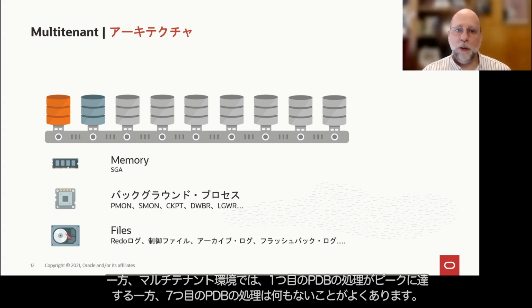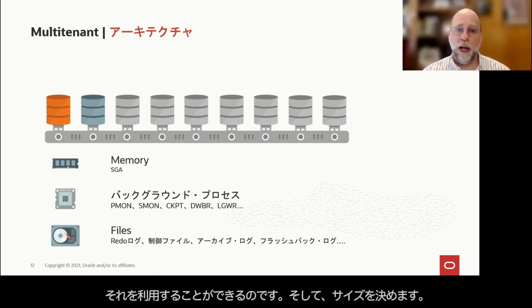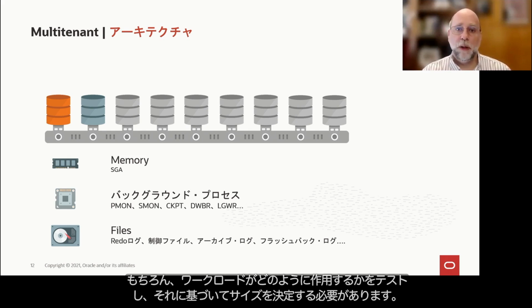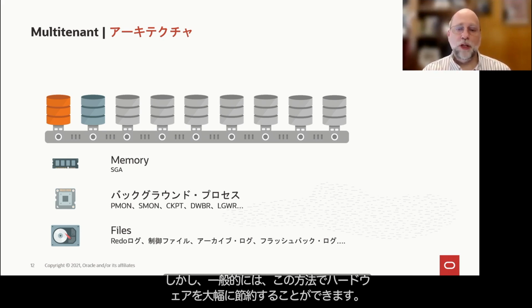Whereas in your multi-tenant environment, you're generally going to find that when the first PDB is at its peak, maybe the 7th one is at its nadir of processing, and you can take advantage of that and size it. Generally, maybe start with 30% less memory for your total SGA than you would as non-CDBs. Now, of course, you'd want to size it based on testing and knowing how your workloads interact, but you can generally get some really good hardware savings out of this.